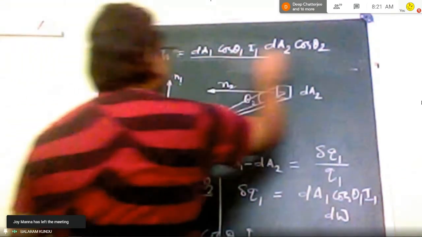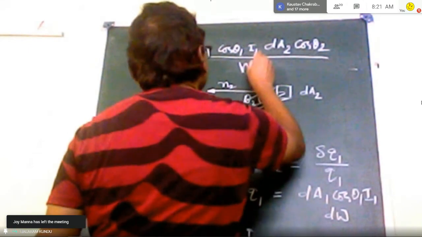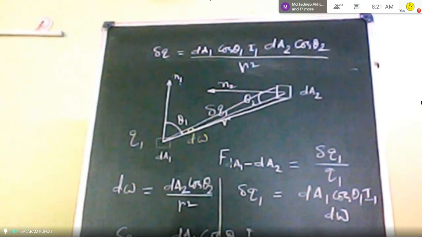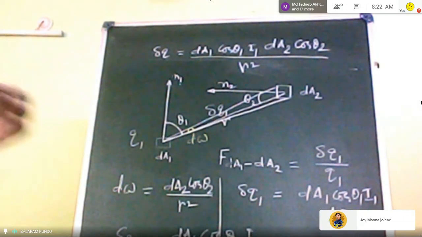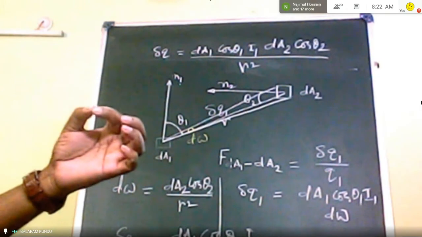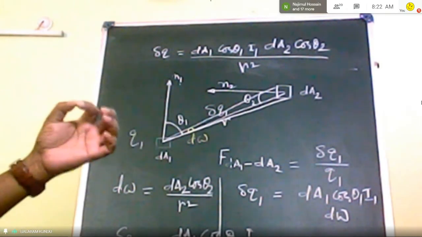That is the radiation energy emitted from surface dA1 that strikes the surface dA2. So this amount is del Q.